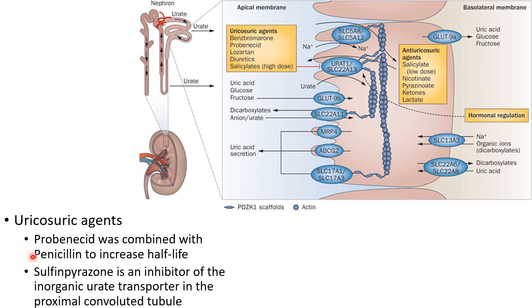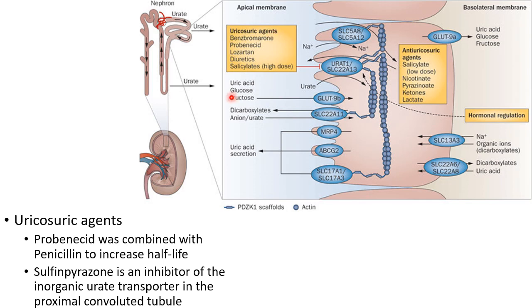Next, sulfenpyrazone is an inhibitor of the urate transporter in the proximal convoluted tubule. So, by inhibiting this transporter, your uric acid will stay in the apical membrane here and be eliminated in the urine instead of being reabsorbed.